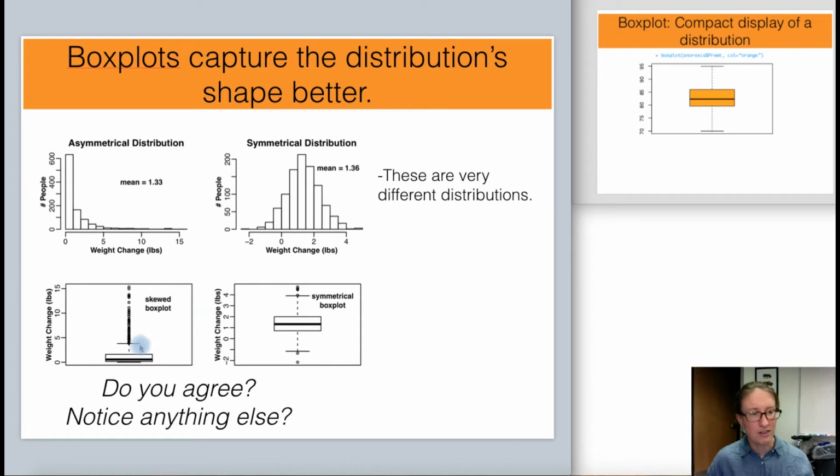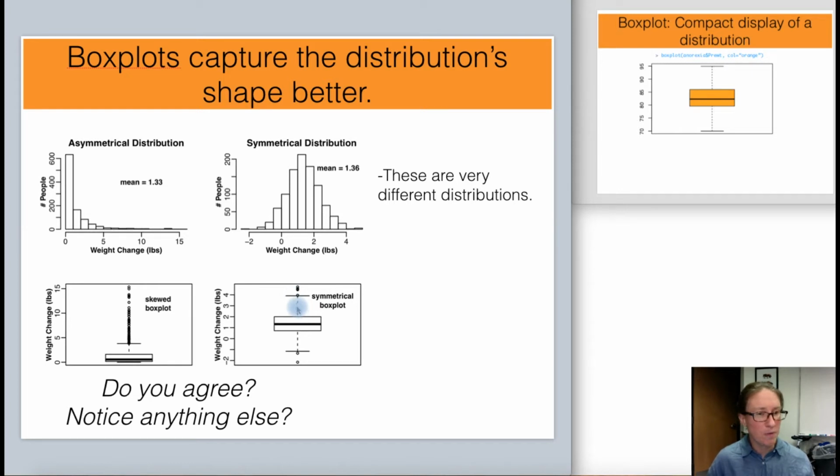So if we look down here at these box plots, so here's the box plot for that asymmetrical distribution or skewed distribution. So median's down here. Most of the measurements are very small, and most of the measurements fit in between these whiskers. And in contrast, for the symmetrical distribution, that looks quite different, right? So the median's in a different location, and the whole distribution is in a different location.